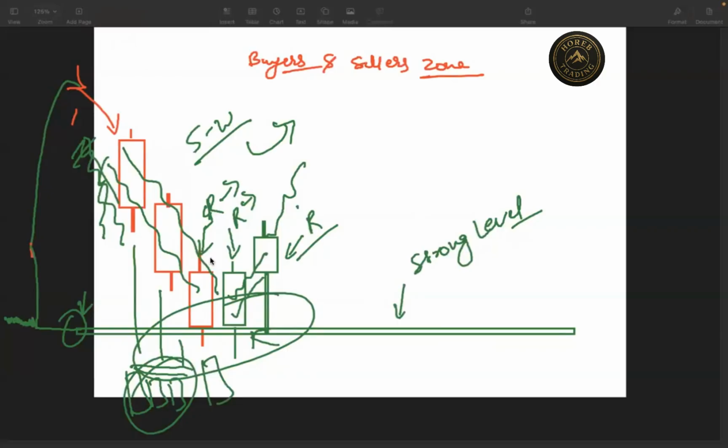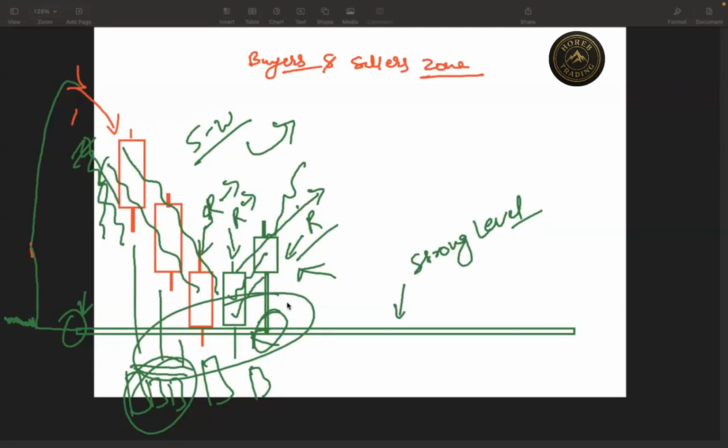We can conclude that buyers are strong, so we can trust the area because it's a valid buyer area. The volume of the second candle is very important. We can trust that this leg will continue up because the buyers have entered with aggressiveness.